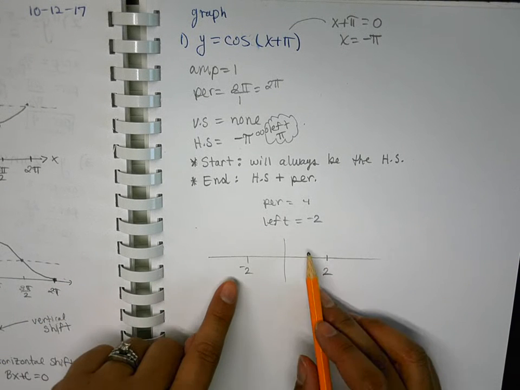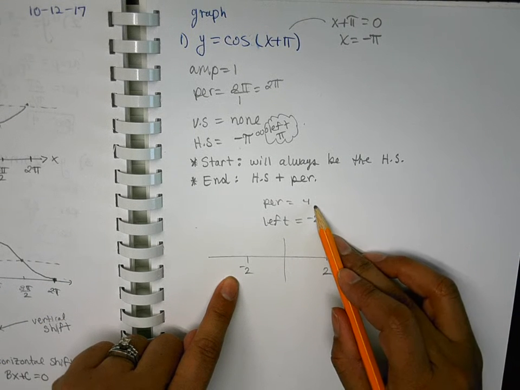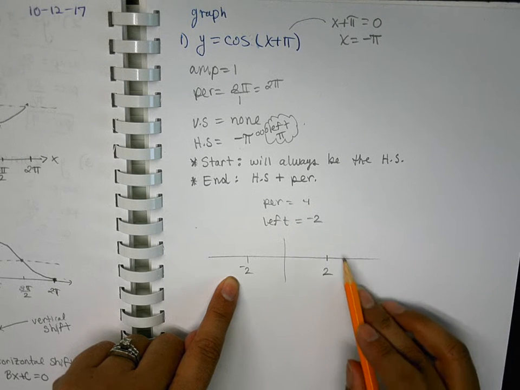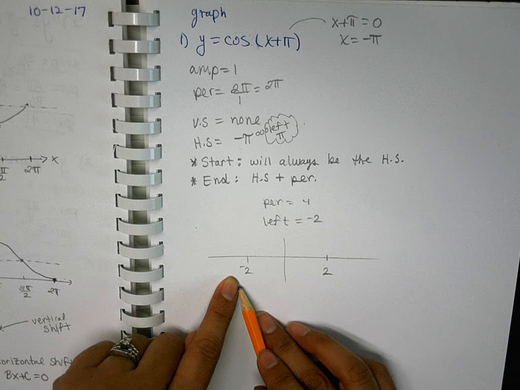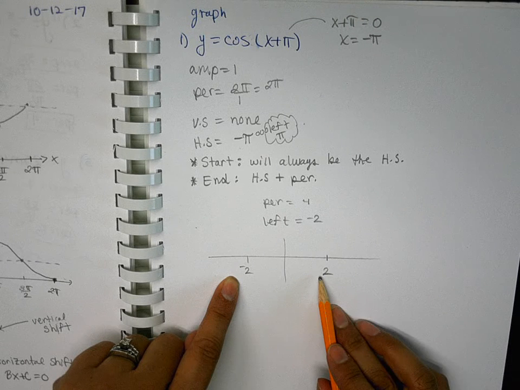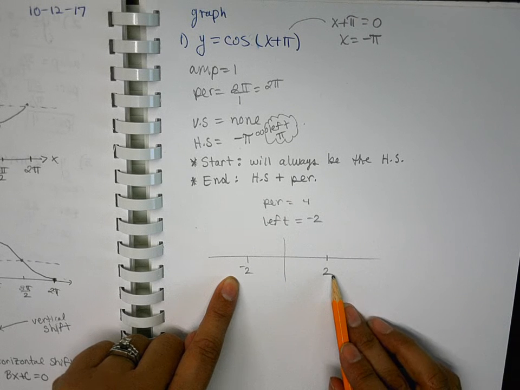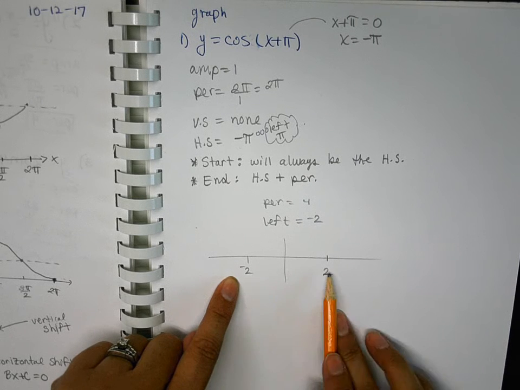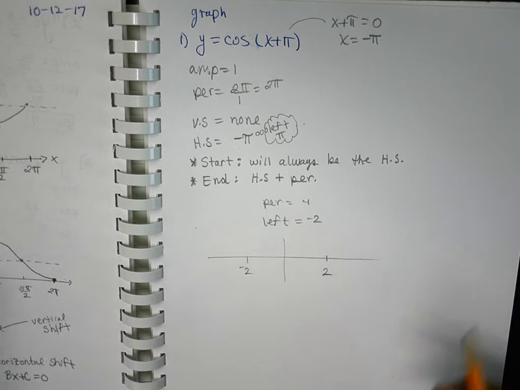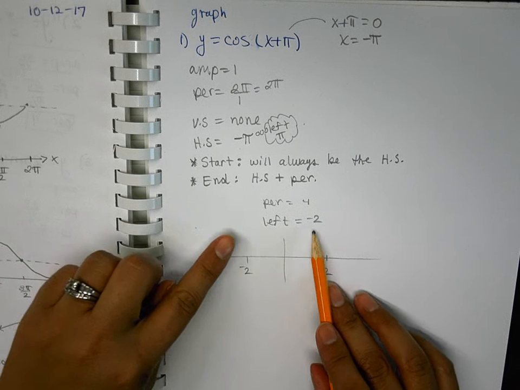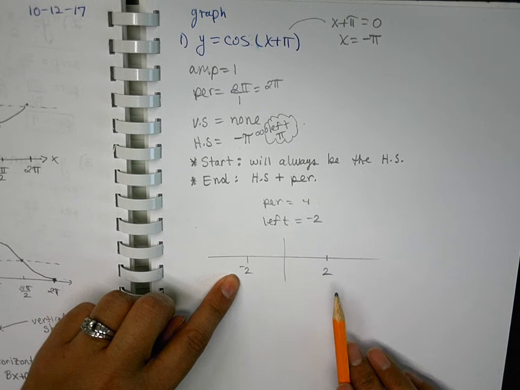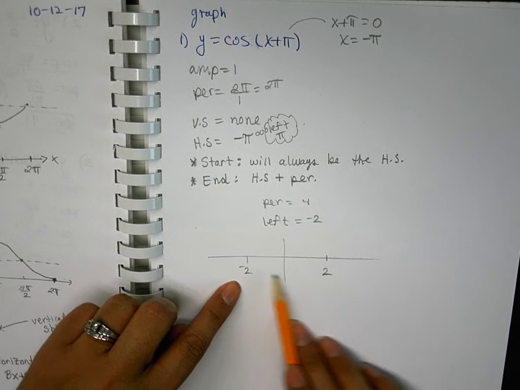Because -2 plus the period length puts me at 2. Do you guys see that? Okay. -2 is where I would start, and if my period length is 4, -2 plus 4 is 2. You probably did that without doing the math. You could just see in your head, oh, the distance here has to be 4, so it's right 2. Does that make sense? Okay, so again, where you start plus your period length will tell you where you're going to end, because this has to be the length of your period.